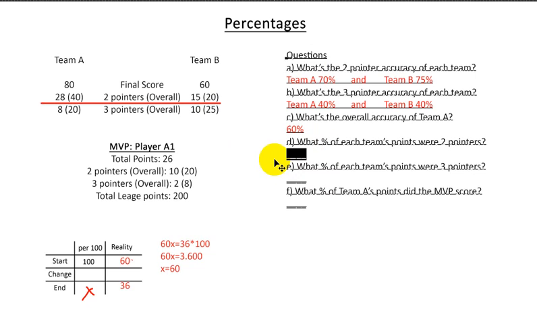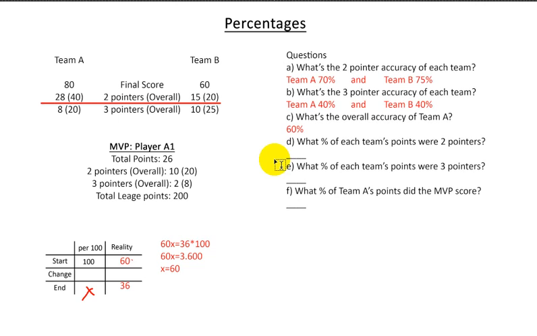What percentage of each team's points were 2-pointers? Now, you might be thinking, wait, didn't we just do that here? And the answer is no, because here, what it's showing you is basically how many shots out of all of these they scored.